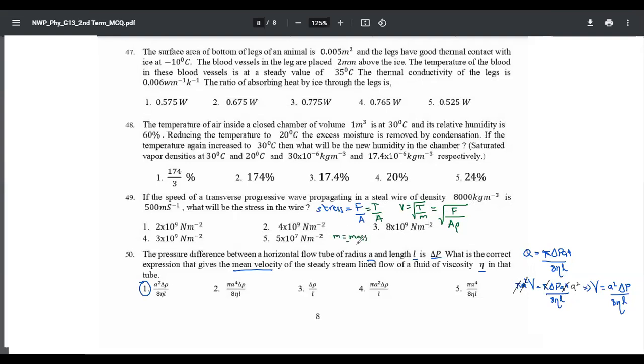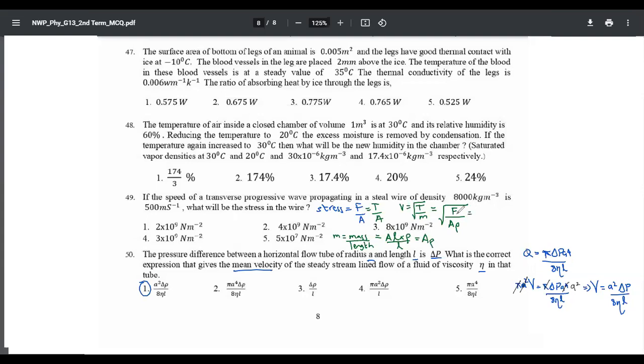Simply, m is called mass per unit length, so it's mass divided by length. And when you divide mass by length, instead of mass you can put volume times density. Volume is area into length, and over length L, that is equal to A rho.